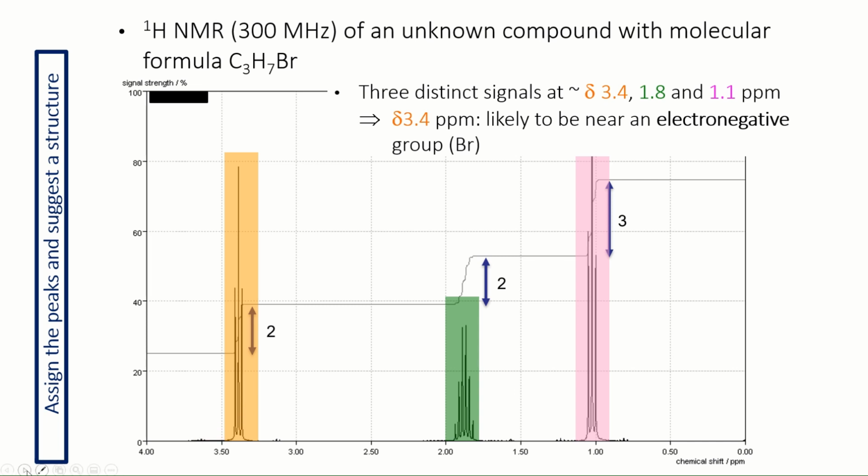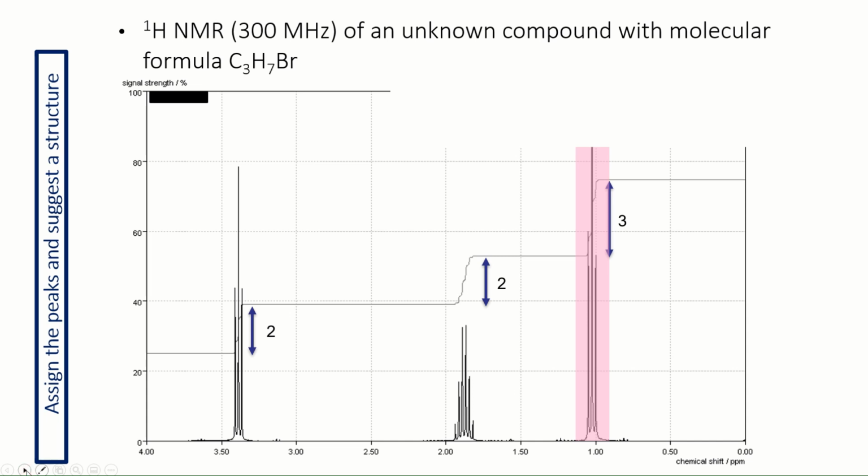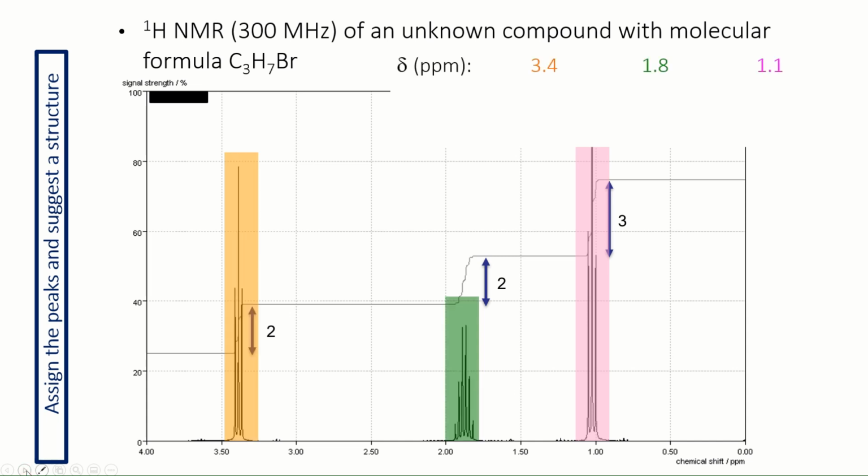And of course, if you look closely at your peaks, you'll see that there's an integration of 3 to 2 to 2, of the 1.1 to the 1.8 to the 3.4 peak. This is telling you that this is the ratio of protons to each other.